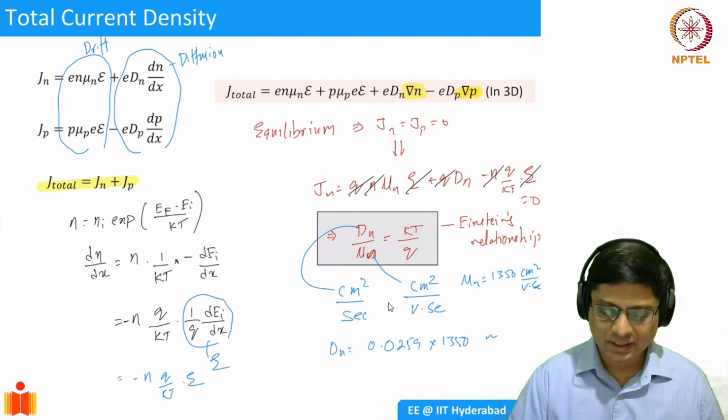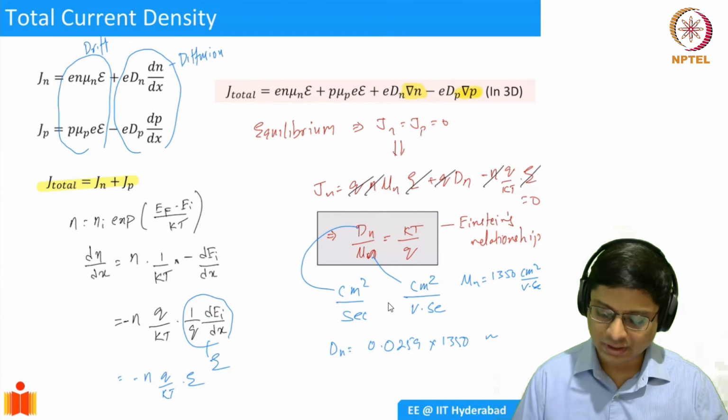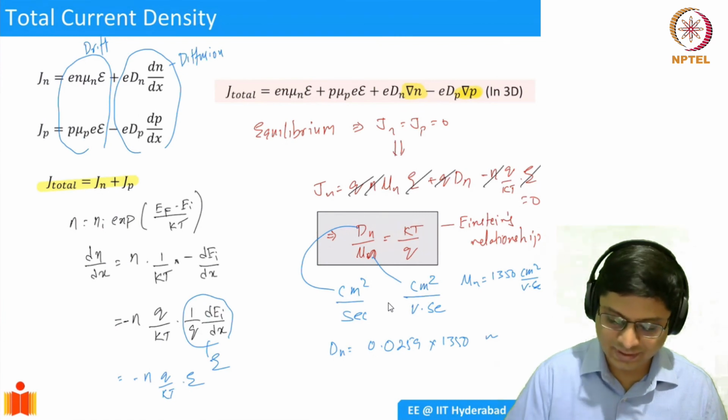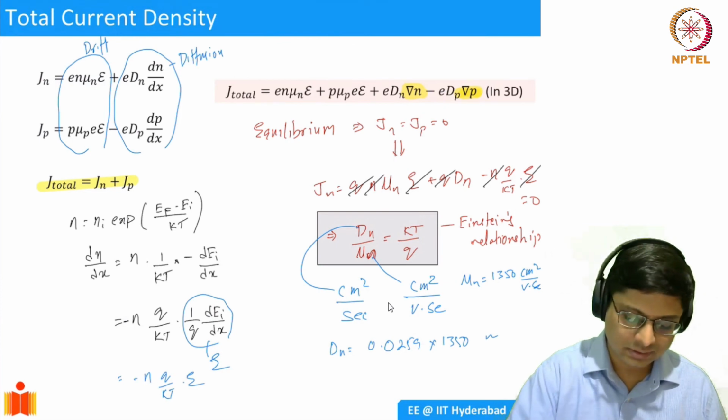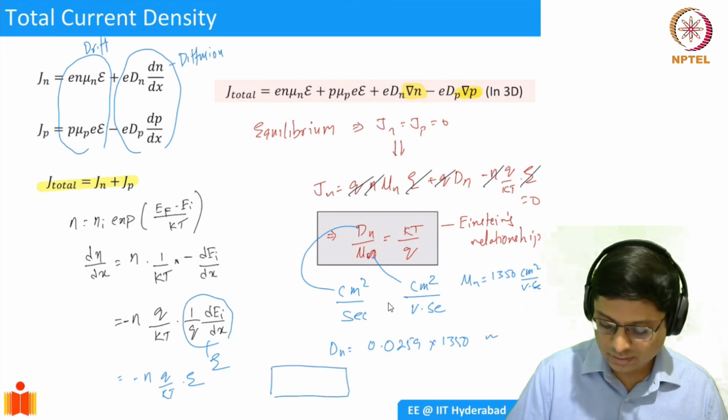Also remember, this can be a significant amount of current. It's not a small thing. The reason is, you could take this as an exercise. Take a semiconductor of size, let's say, 1 millimeter.